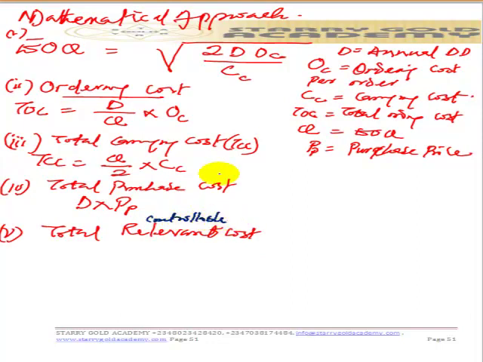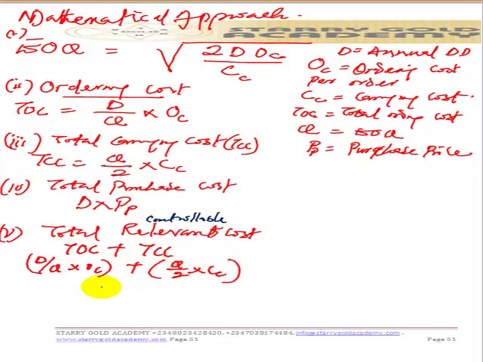The total controllable cost is just the addition of the two costs that are relevant. That is the total ordering cost plus total carrying cost. That is D over Q times OC plus Q over 2 times CC.